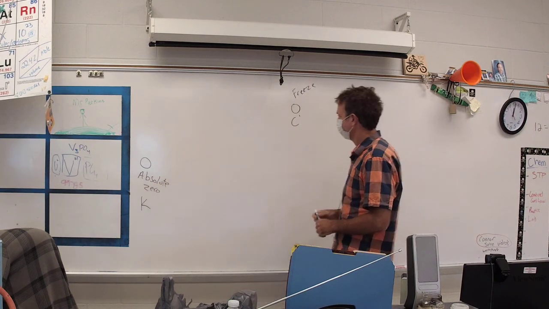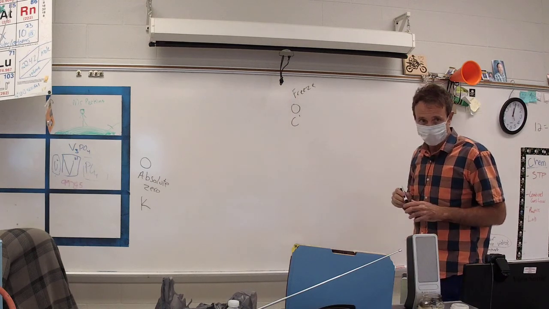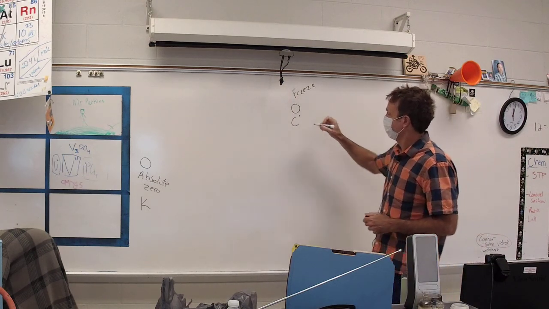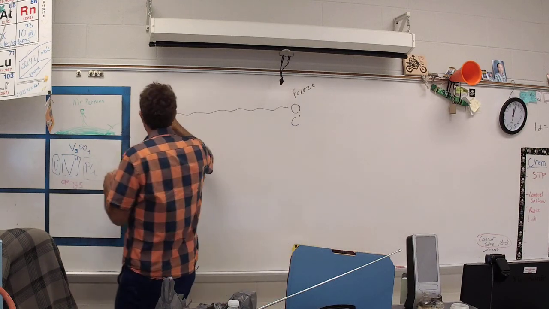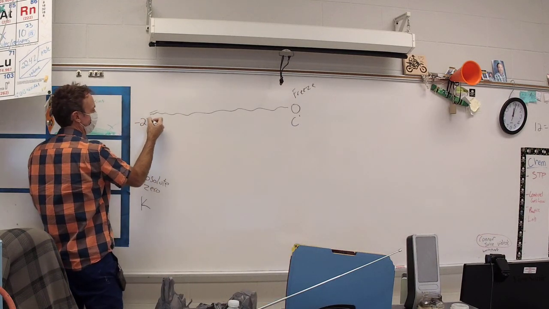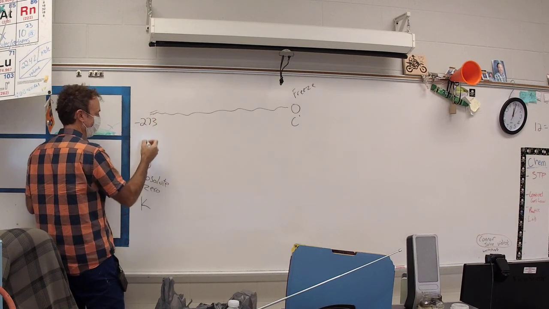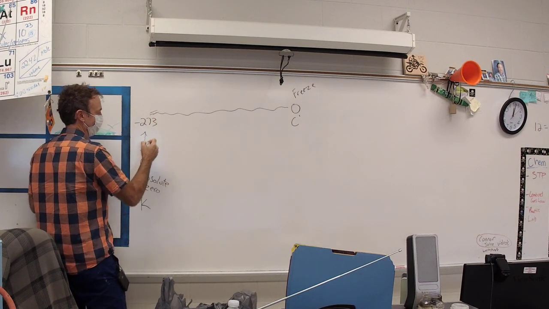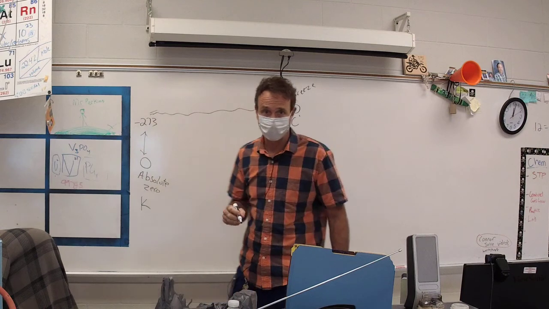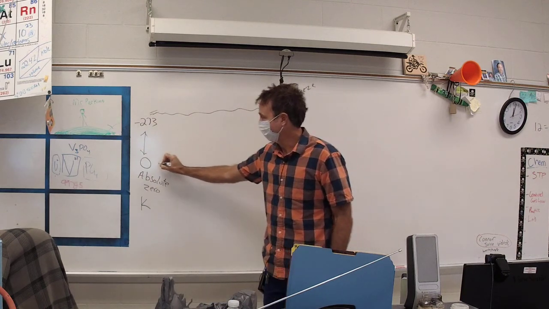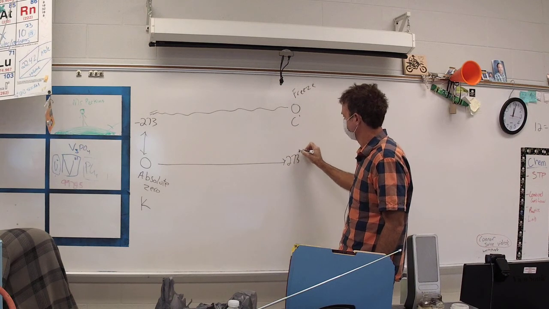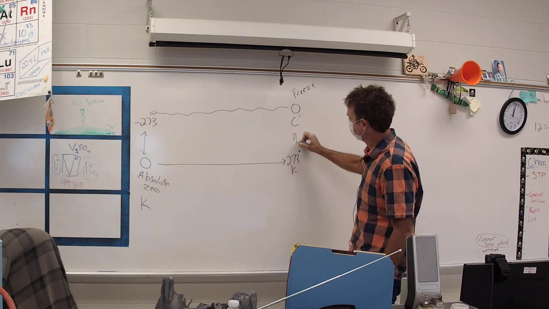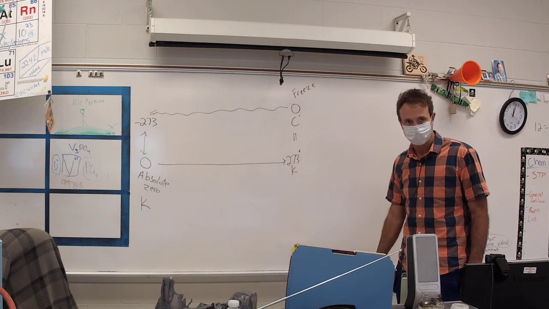Okay. Now, the units are the same size, so if you go backwards on the Celsius scale, and you get to negative 273 degrees, that's the same thing as 0 degrees Kelvin. All right? So if you go this way on the Kelvin scale, then 273 degrees Kelvin, that's equal to 0 degrees Celsius.